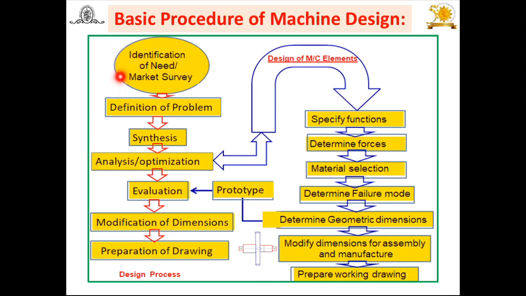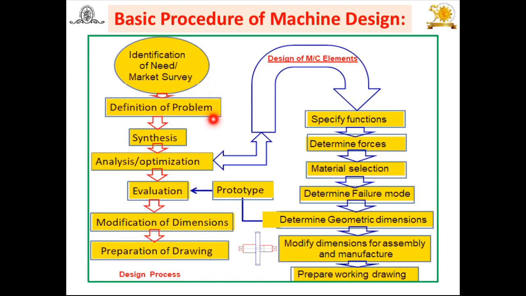Sometimes different competitors are in the market, their products are available. What are their features? That is the market survey which is carried out, and based on this market survey and society's needs, in the second step, definition of problem. So what is the requirement? We can define here the definition of the problem.